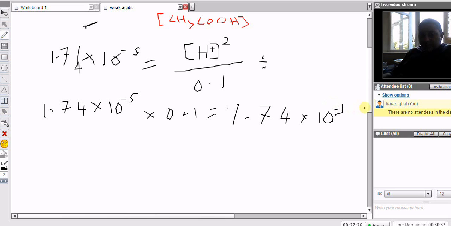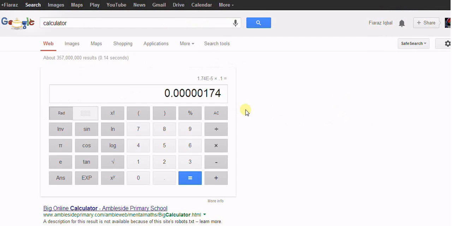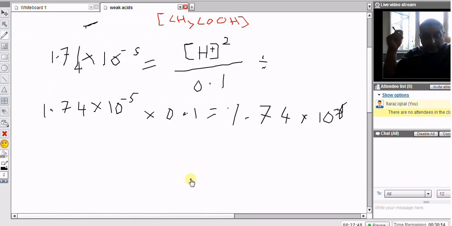Okay, so let's go back to our square root answer. We've got 1.32 times 10 to the minus 3. So the concentration of hydrogen ions is 1.32 times 10 to the minus 3.